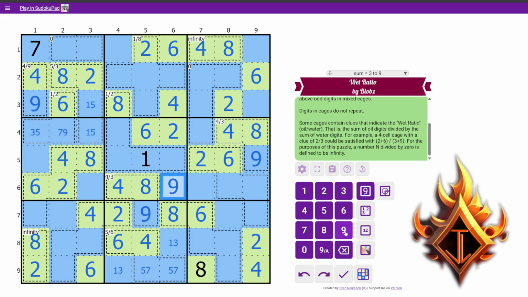Okay. That was right. 1 over 8. So 16. This is 16.